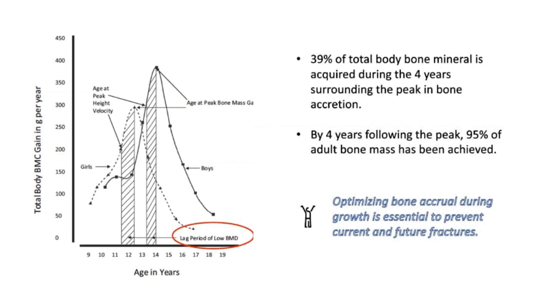As we have discussed, the age at which peak bone mass is achieved is within the following 4 years. Boys have their peak height velocity at around 14 years of age, whereas females have theirs around 12 or 12 and a half years of age, and both achieve around 95% of their peak bone mass about 4 years after their peak height velocity.